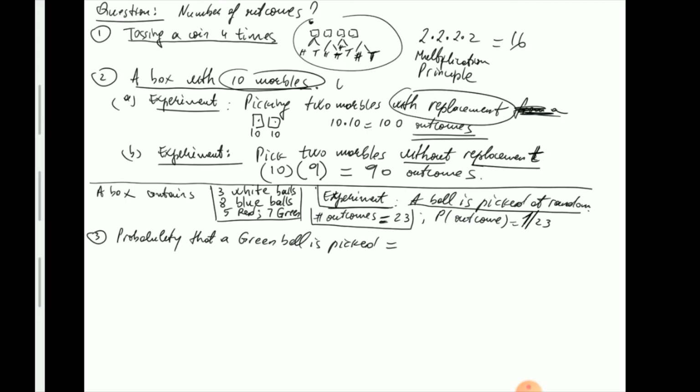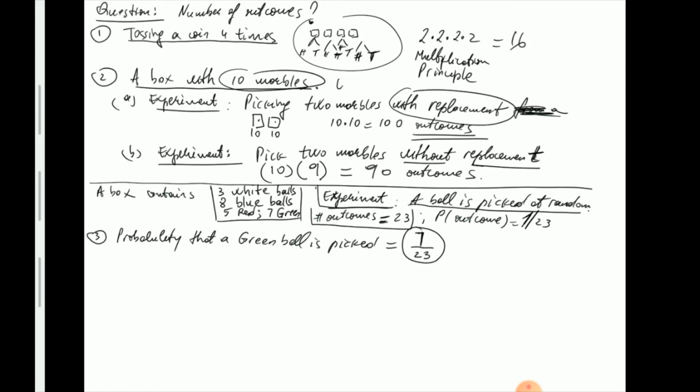The event is basically all the outcomes that constitute green balls. If I look at the number of green balls, that's 7. So according to the definition of the probability of an event, the number of outcomes in that event is 7 because I have 7 green balls. And then the total number of outcomes is 23. So then you have 7 over 23.